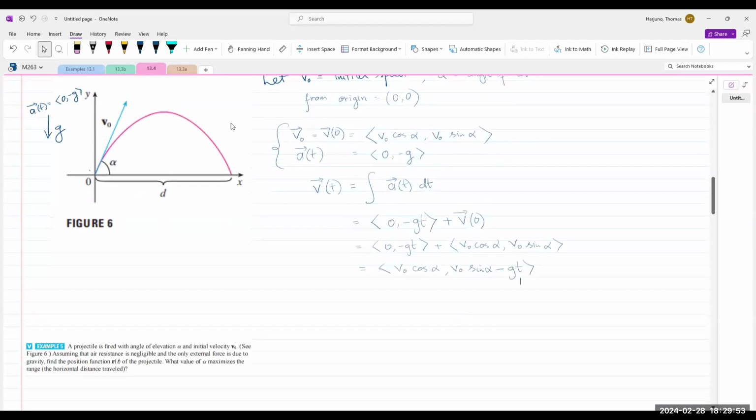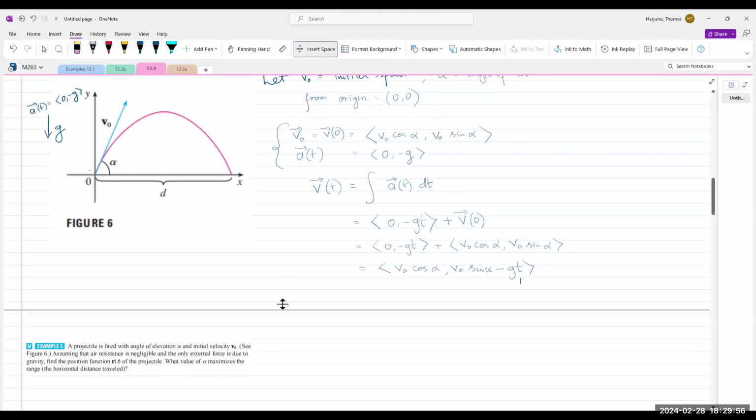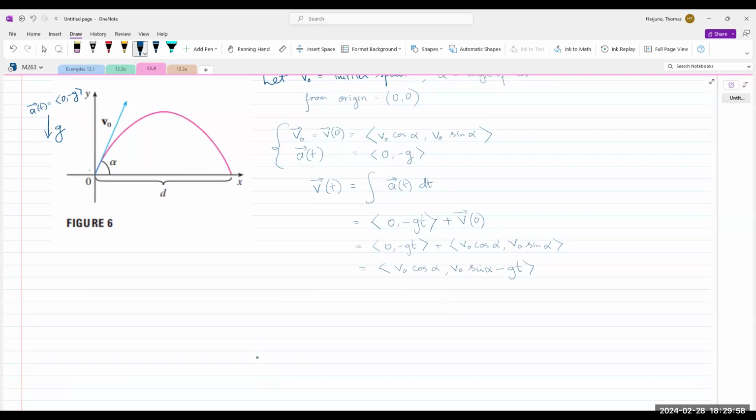Then how about the trajectory? The r of t. What's the path of that projectile? Well, we integrate that v of t again. When we integrate v of t, we will get v naught t cosine alpha, v naught t sine alpha minus 1/2 gt squared, plus the place where you start.